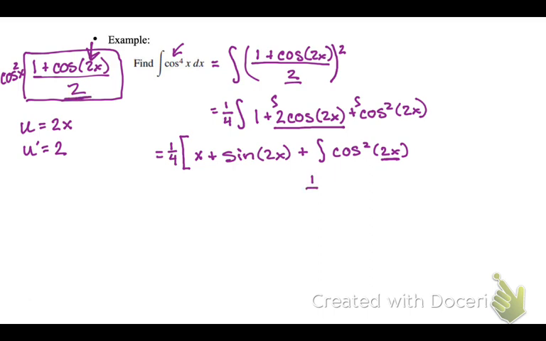So I'm going to bring out my 1/2 again. So I'm going to have 1/2 the integral of 1 plus the cosine of 4x. Does that make sense what happened?